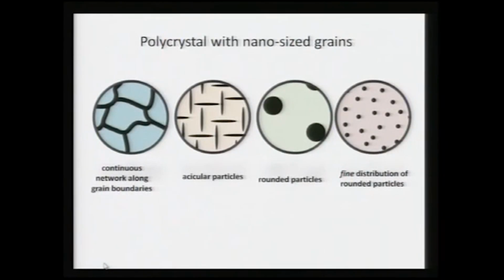Going to the next level, we can also arrange different patterns of those nanostructures. So, we can see a polycrystal with nano sized grains. When we have a polycrystal, we can utilize two phases, like in this case. One phase is the bigger one, comprising maybe around 60-70%, maybe more than 70%. In this case it is the blue, and the second phase can be black.